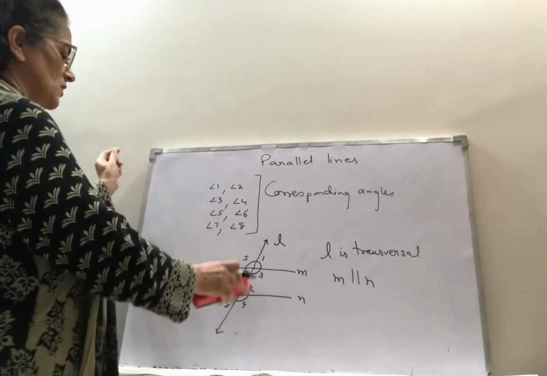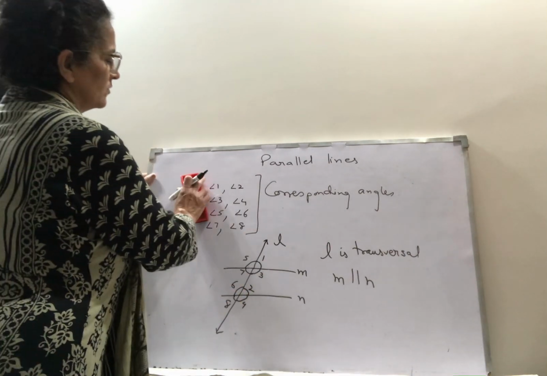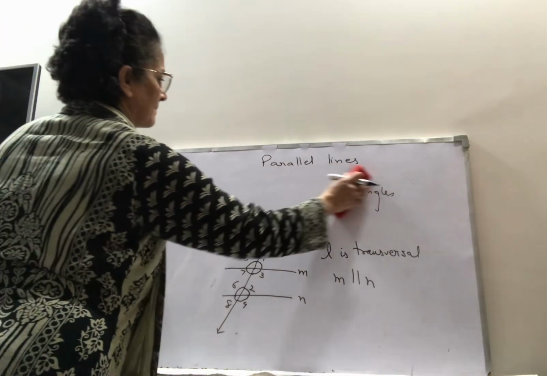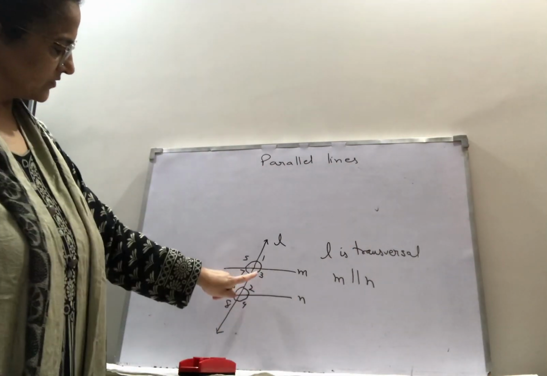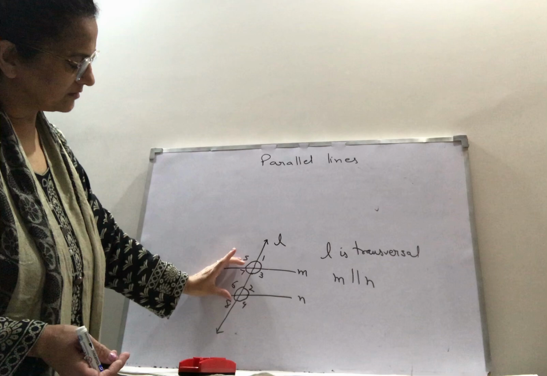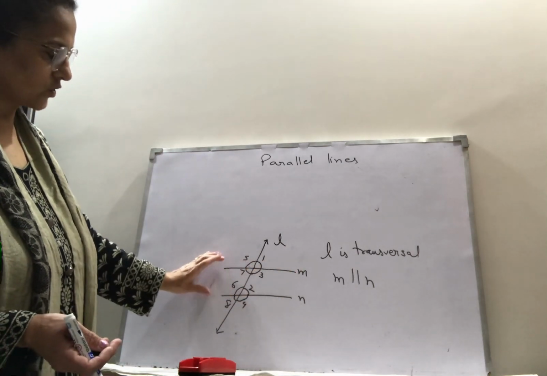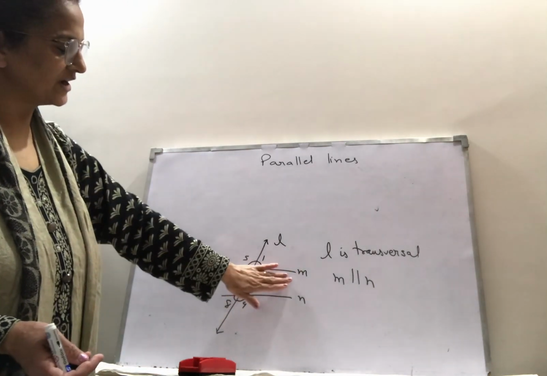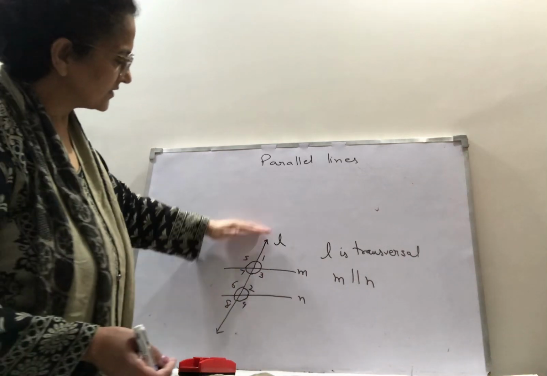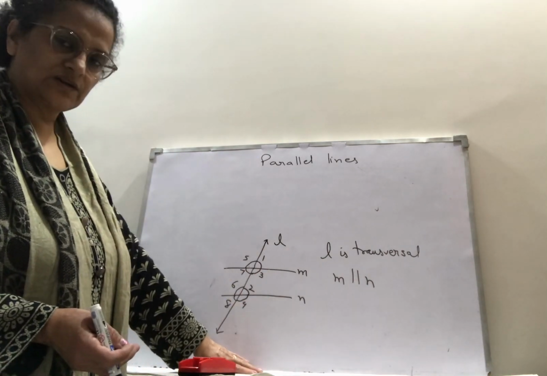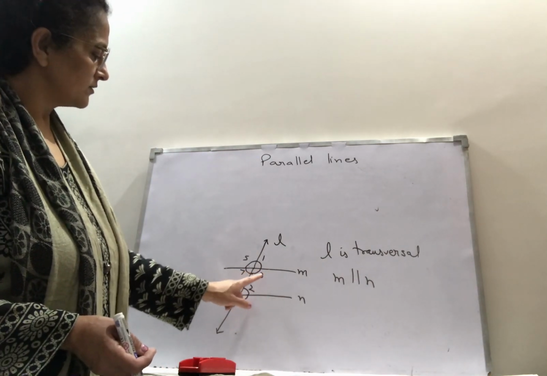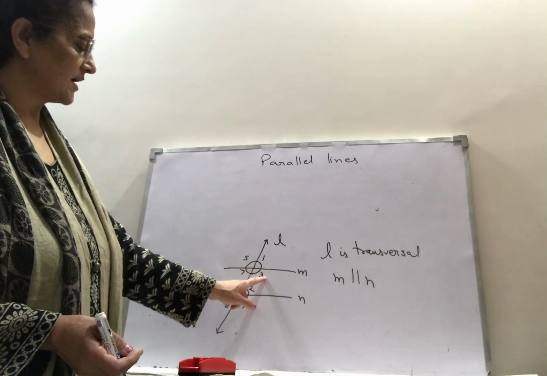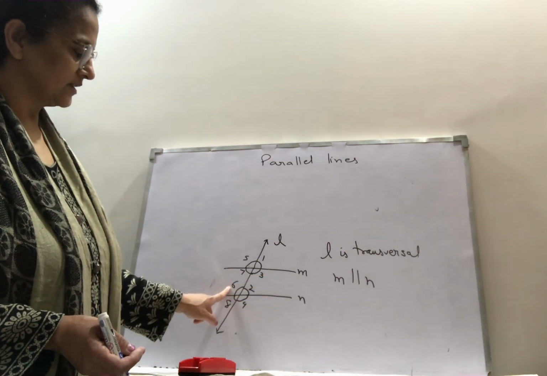So let's talk about more angles now. Now you can see this part is within these lines drawn. So this is called the interior part and this is called the exterior part. So one angle is on this side, another angle is on this side.